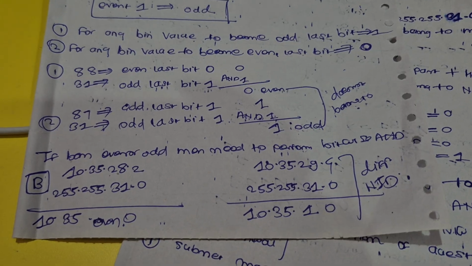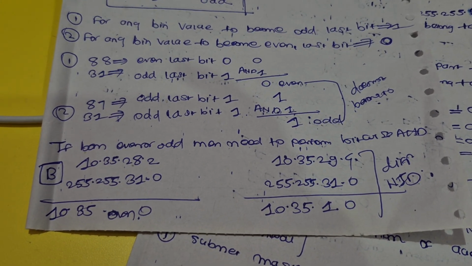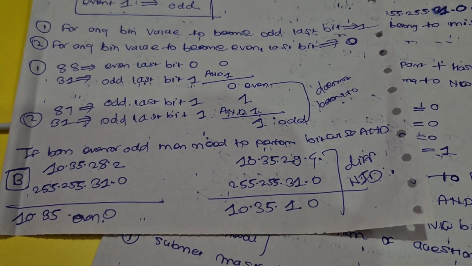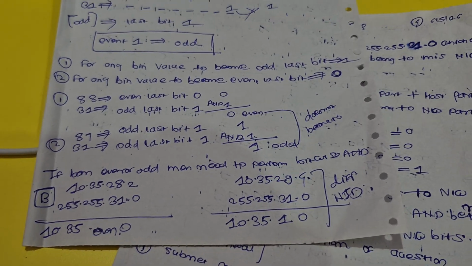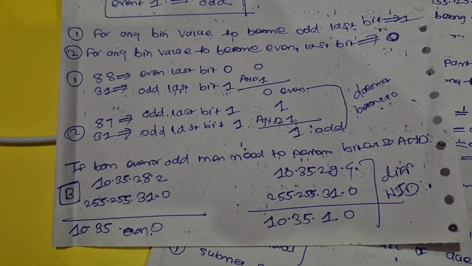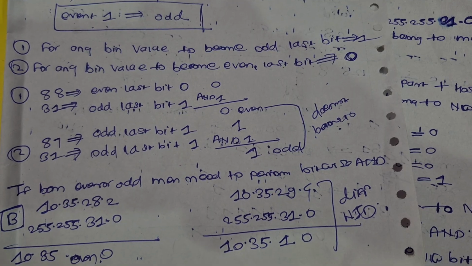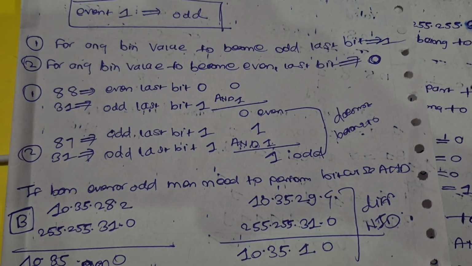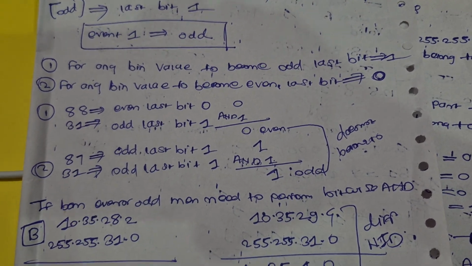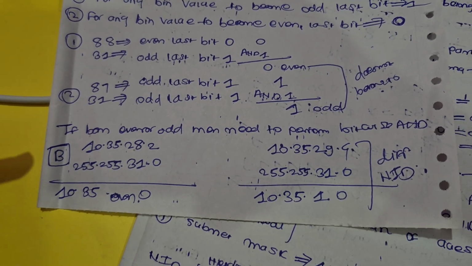So again, the second option, you can see 10.35.28.2 and 10.35.29.4. The first two octets are the same, so no need to do bitwise AND there. Just 28 and 29, the third octet. 28 is even, so the last bit would be 0, and 31 is odd, so 1, and 1 AND 0 is 0.